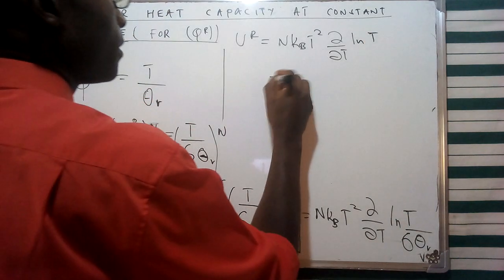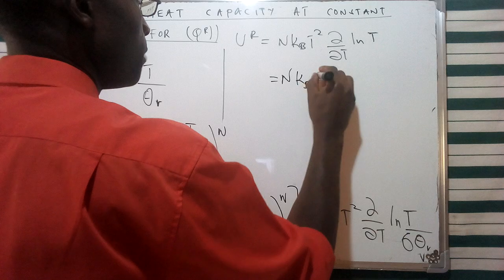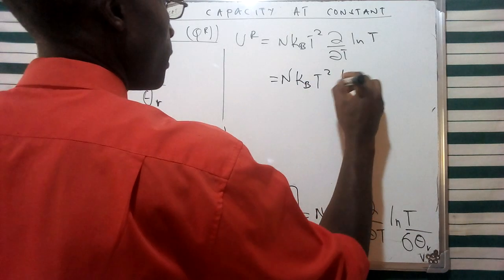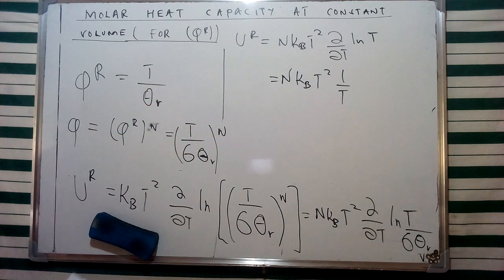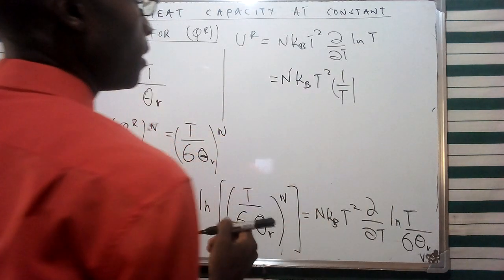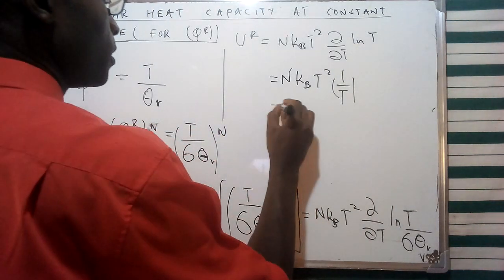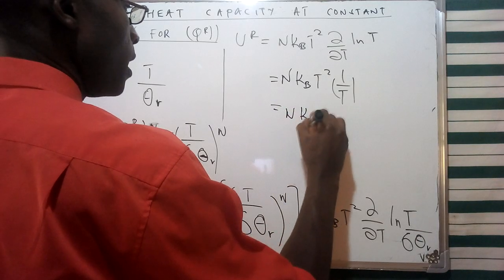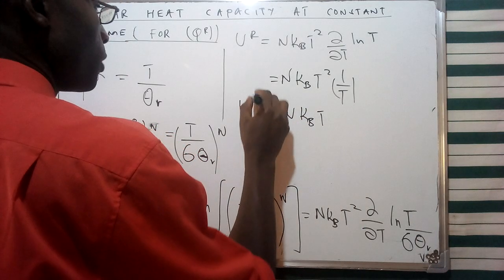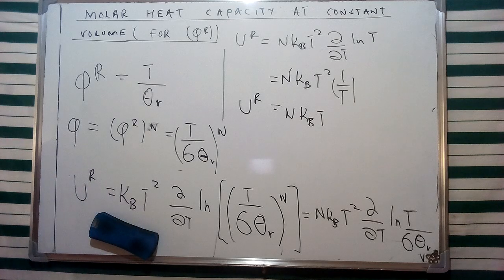Basically, this is nkBT squared times 1 over T as the value of that derivative. This reduces to nkBT, which is the rotational internal energy in that case.